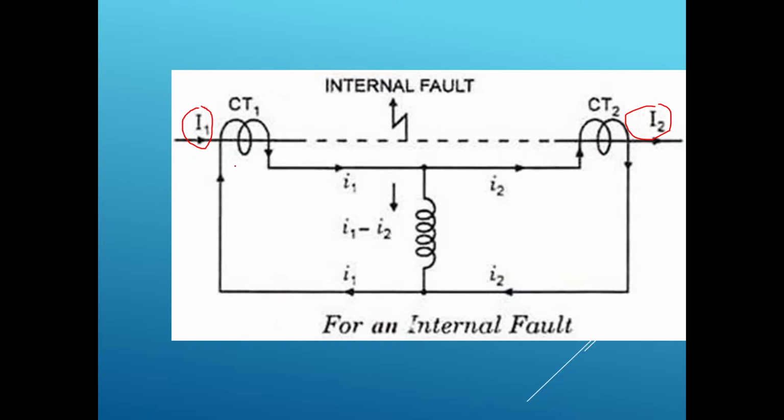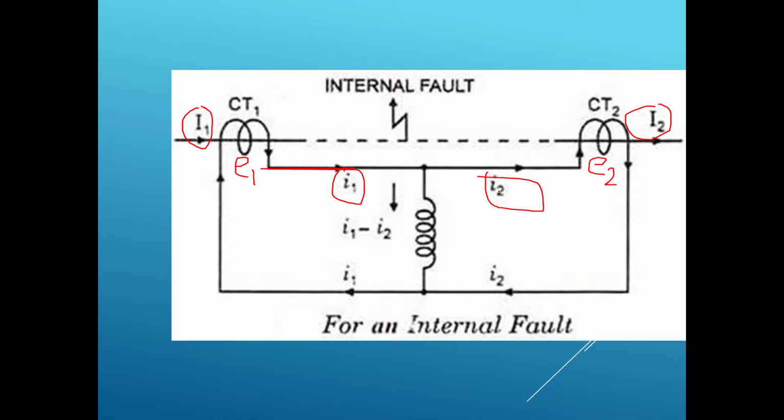So the EMF induced across the secondaries of CT1 might be E1, and across the secondaries of CT2 is E2. The current flowing through the pilot wires due to the EMF induced across the secondary of CT1 is I1, and due to CT2 is I2.